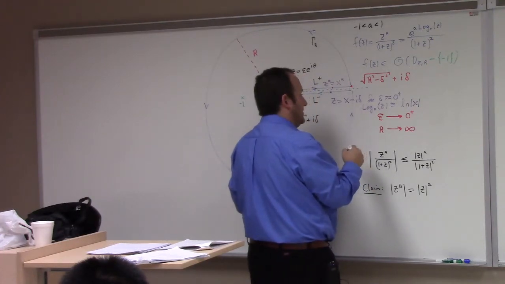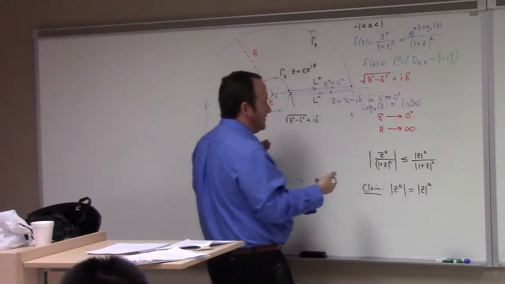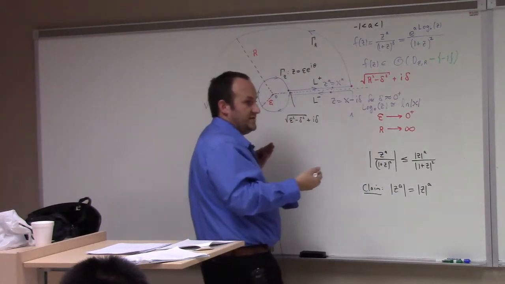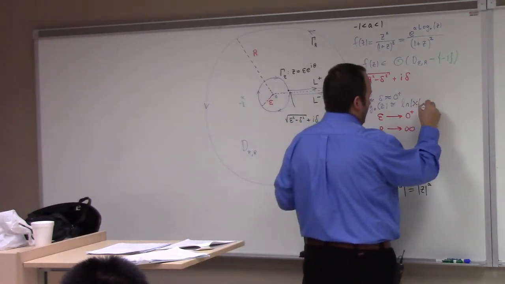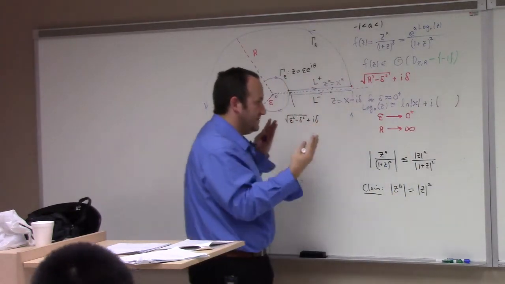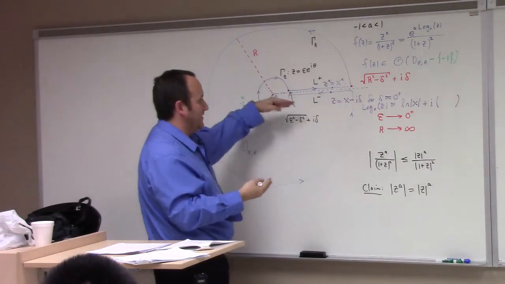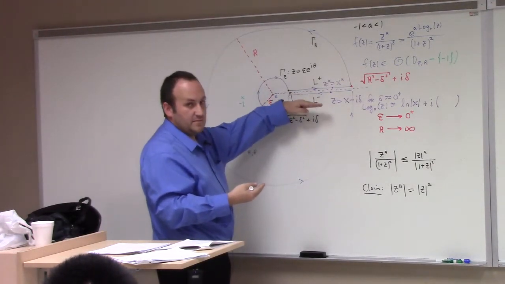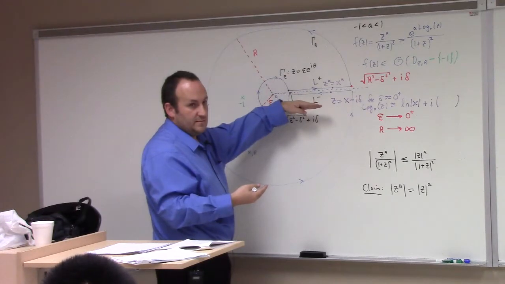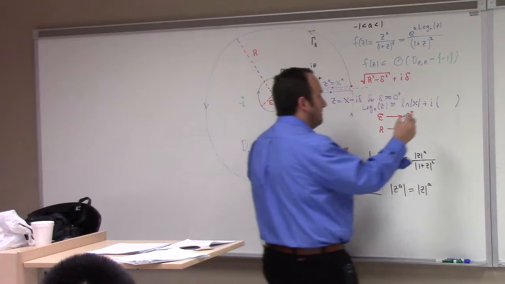And then what's the angle according to log sub 0 there? Plus i times what? What is the angle as measured by log sub 0 on the lower branch? It's 2 pi. That's why we have a 2 pi there.